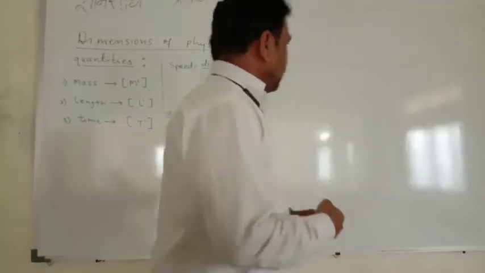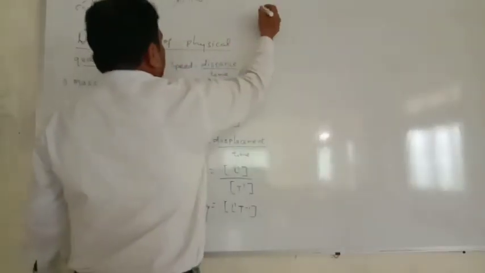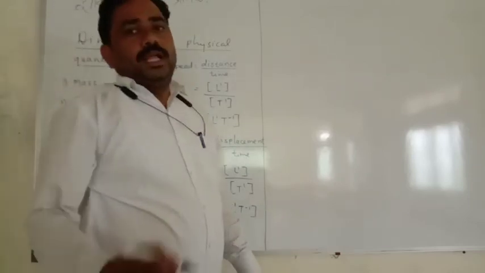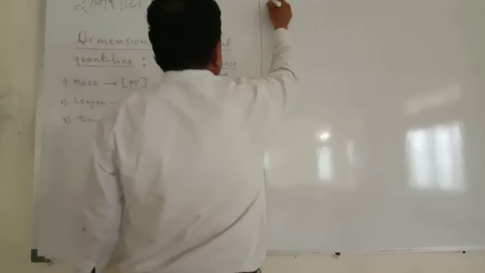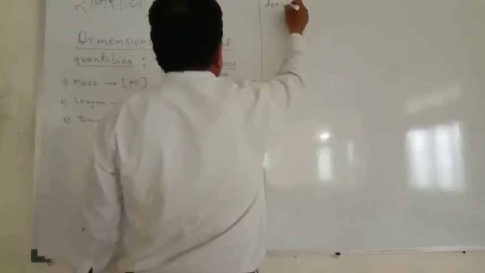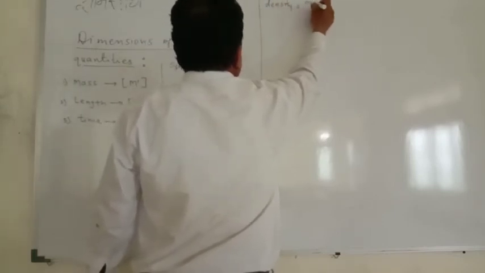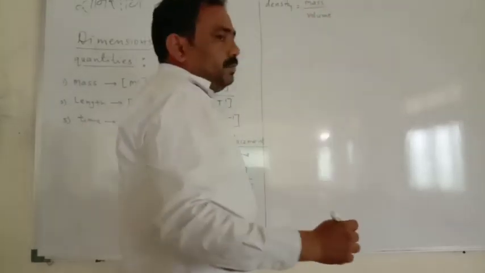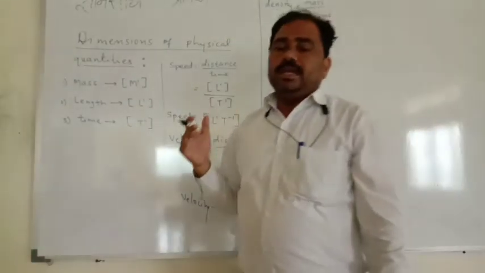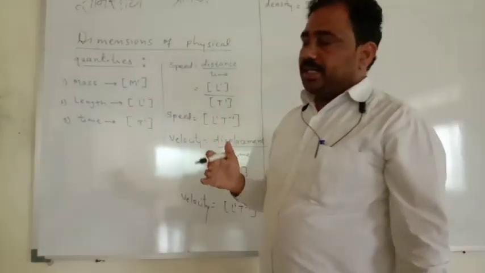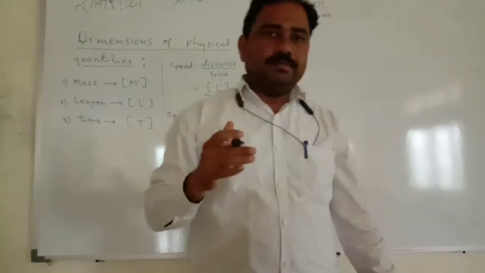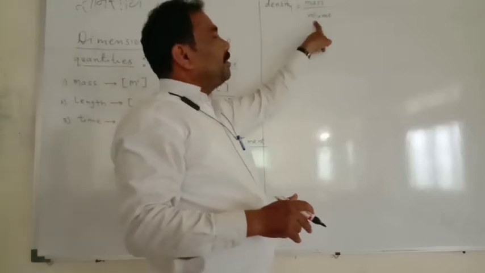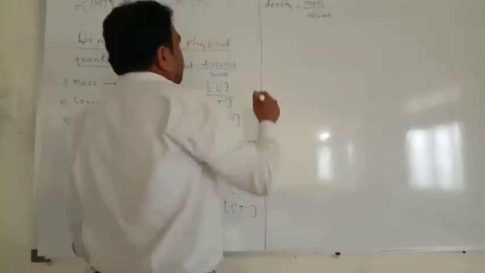Next, the derived quantity is density. Density is equal to mass upon volume. If you want to calculate the dimensions of any derived physical quantity, you should know the particular formula for it, that is, density is equal to mass upon volume.